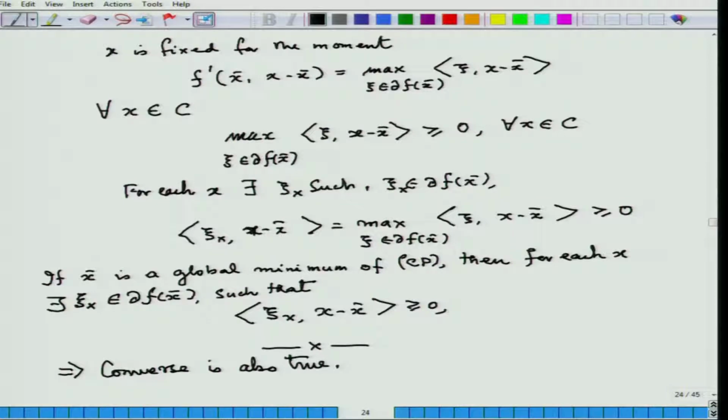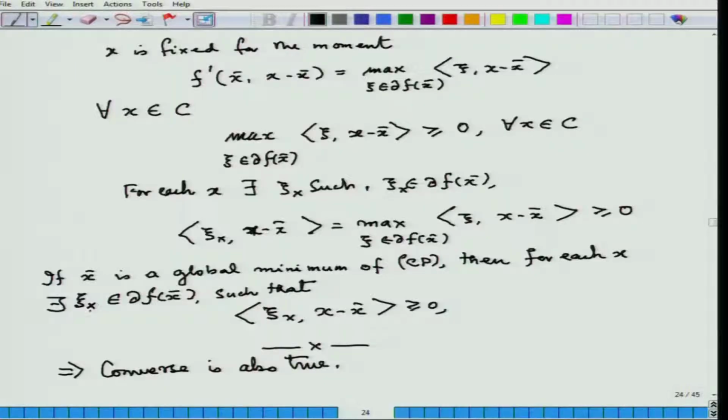Now, what I want to say is that here there was a problem. My xi x was changing with every x, because of course you are using this compactness issue and all these things. Now, I do not want the xi to change for every x. So, that is exactly where we need to look into our story.